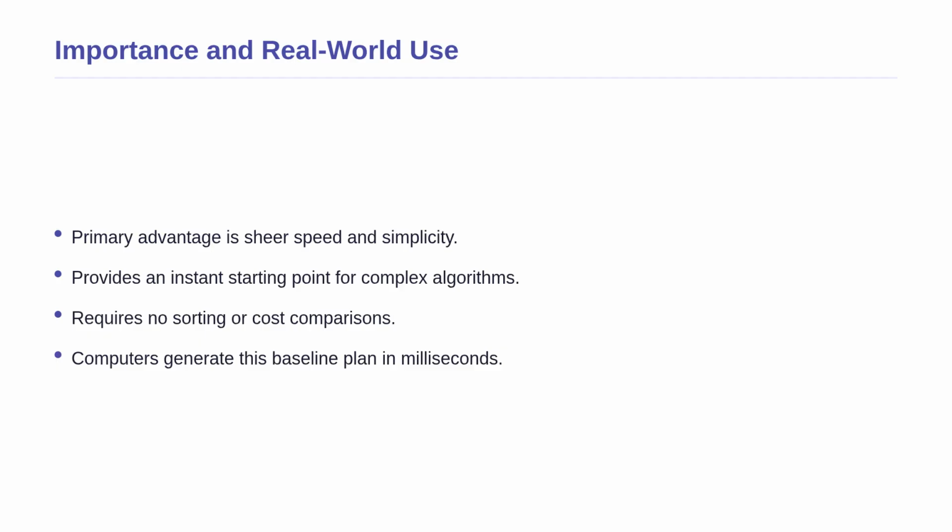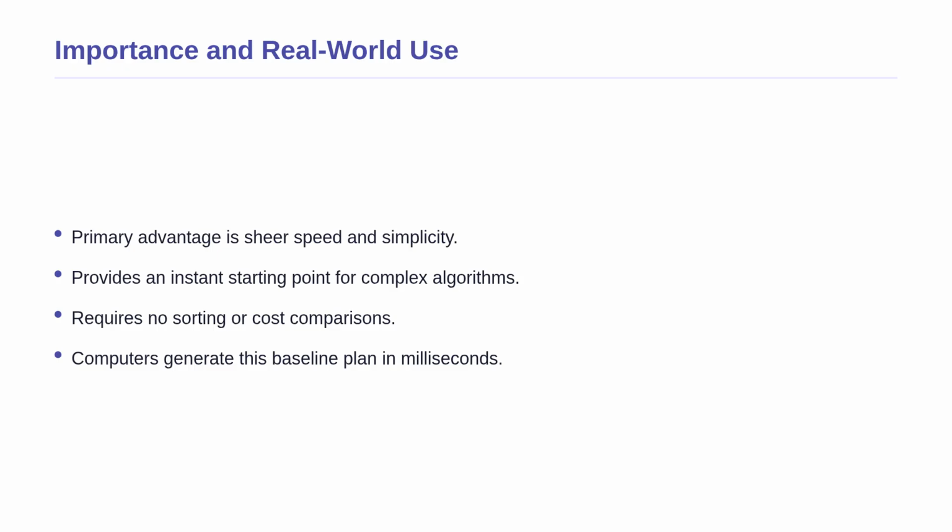You might wonder why anyone would use a shipping strategy that completely ignores the cost of transportation. The primary advantage of the Northwest Corner rule is its sheer speed and simplicity. In computer science and logistics software, complex optimization algorithms like the simplex method cannot start from a blank slate.